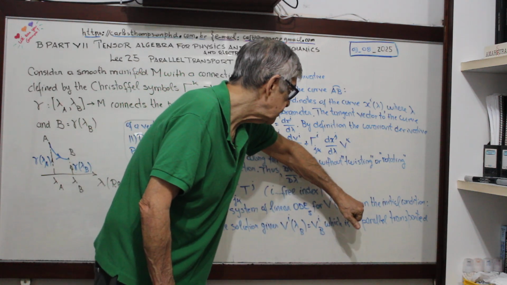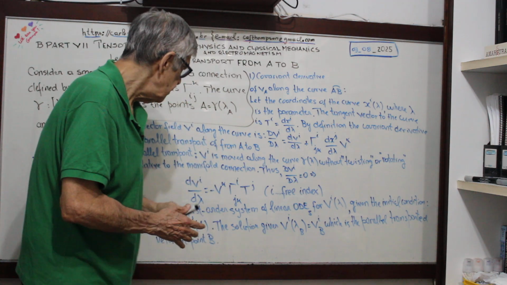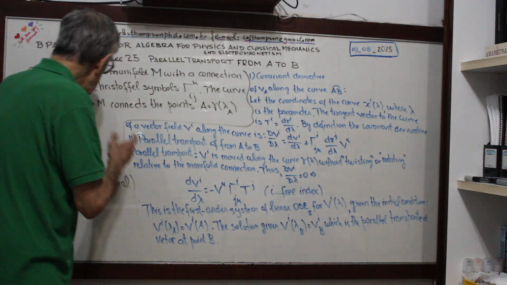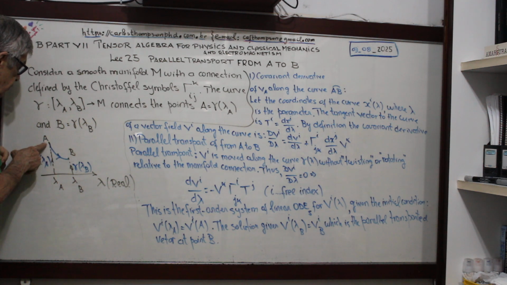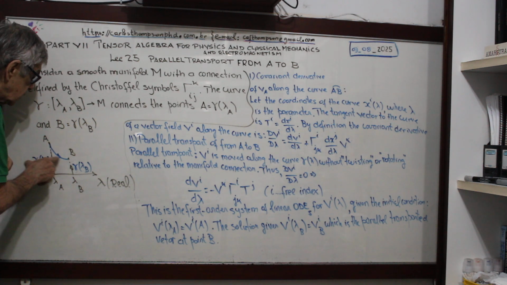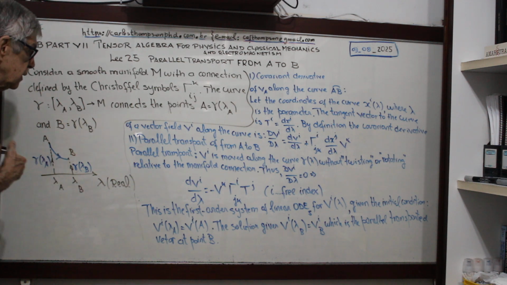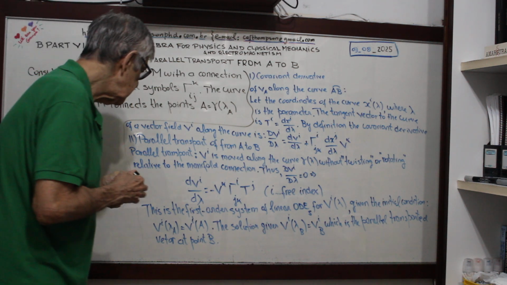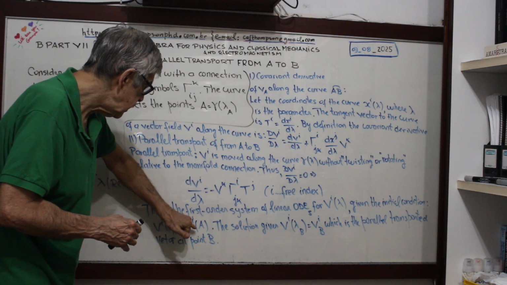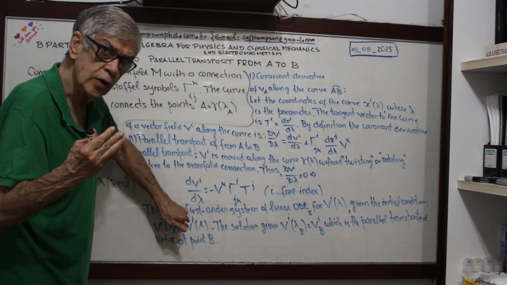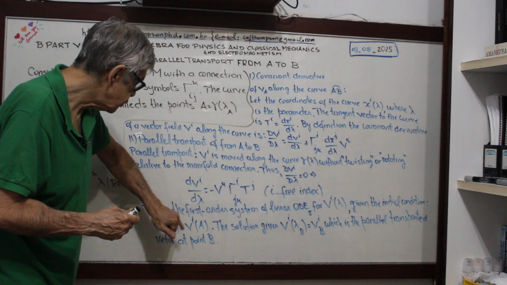So given the initial condition, I have to give the initial condition at A to obtain this point B. So VI of lambda A, VIA, is known. That's the initial condition.